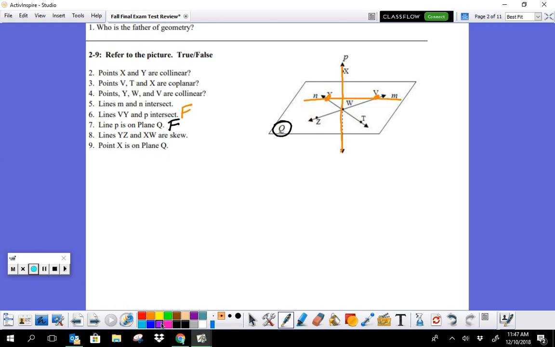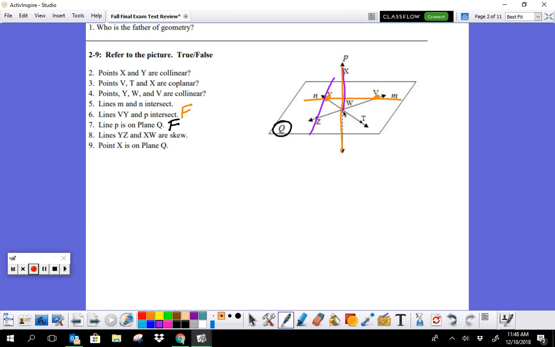Number 8, lines YZ and XW are skew. So YZ would be this line here. Okay, and XW would be this line that's going through the paper. Okay, so you have to know what skew means. Skew means they are non-coplanar, and they do not intersect.